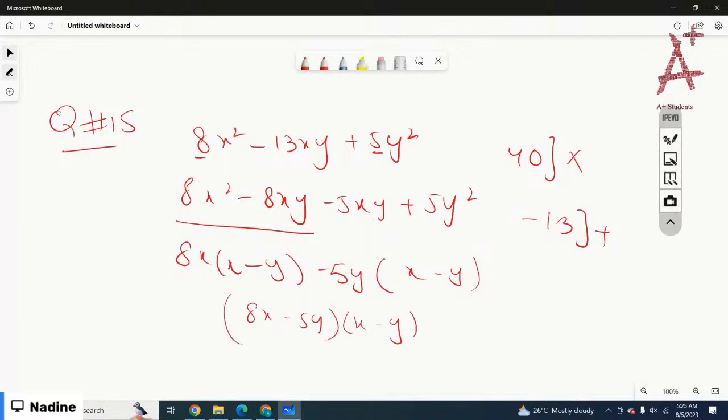So the factors are 8x minus 5y and x minus y.